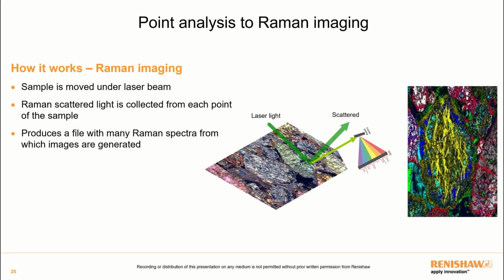So for example, we can consider one band to show the presence of that molecule in that particular place of the sample, or the width of a band to describe the crystallinity of the sample, or a shift of a band to describe the stress in that material, or we can use multivariate techniques. Multivariate techniques consider all the bands present in the Raman spectrum, like, for example, component analysis, which is the algorithm used to produce these images.